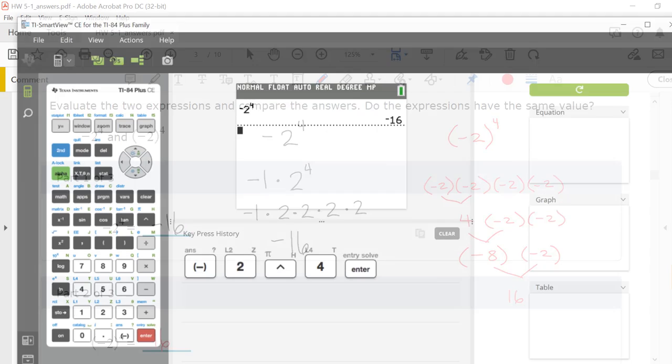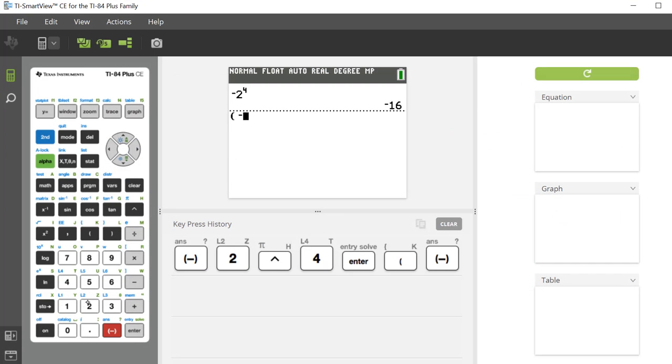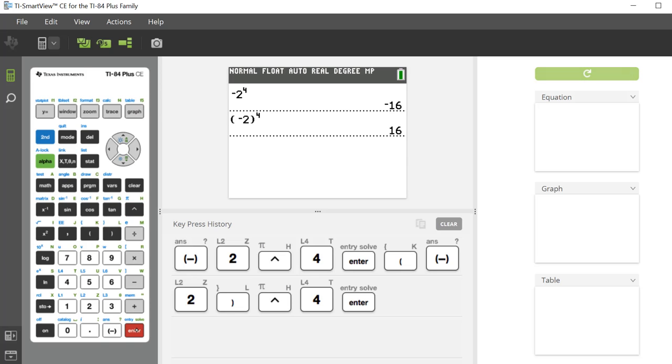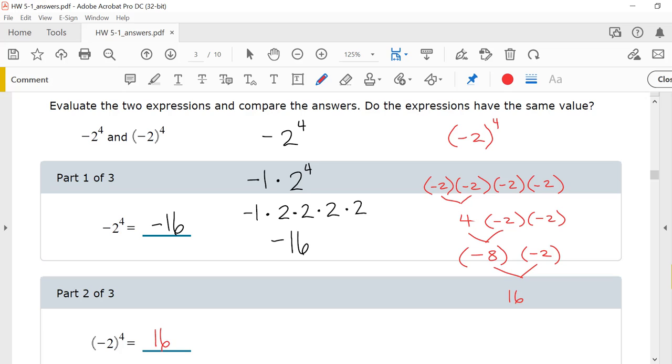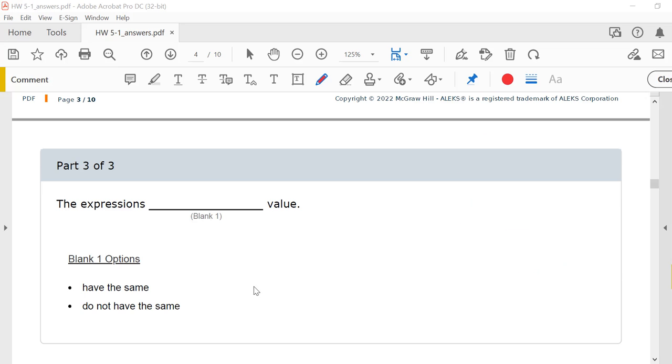So negative 2 quantity to the fourth is positive 16. One thing I want you to notice is the calculator, as long as you enter it in exactly like it looks on the paper, your calculator does the order of operations correctly. Continuing on in part 3, those two expressions, negative 2 to the fourth and negative 2 quantity to the fourth, they do not have the same value.